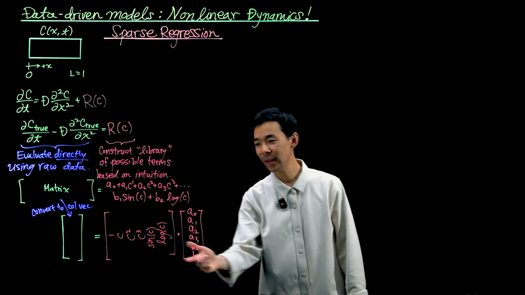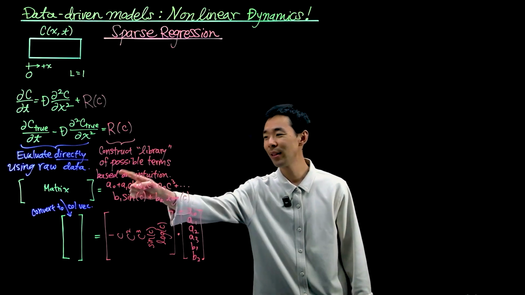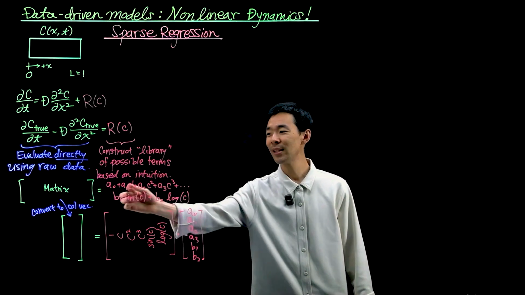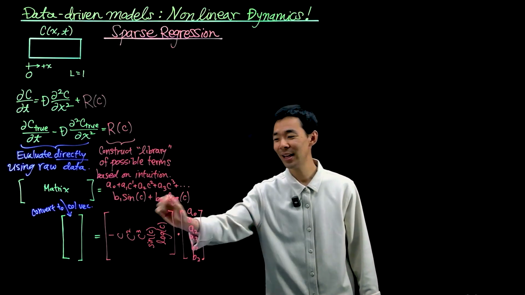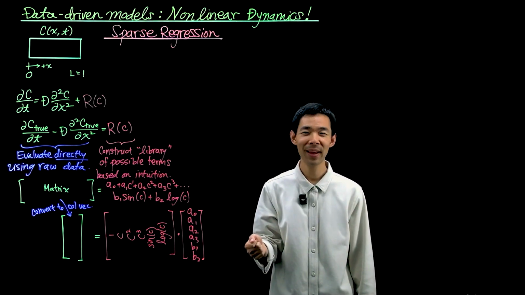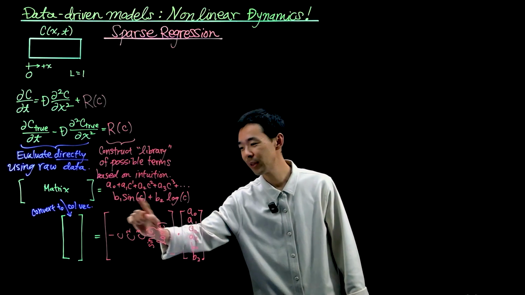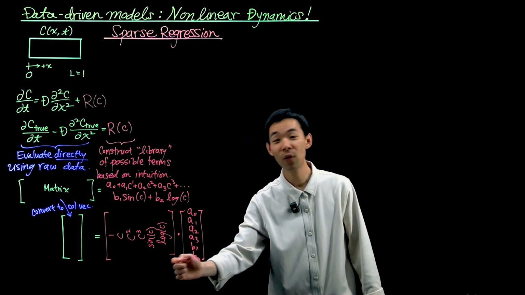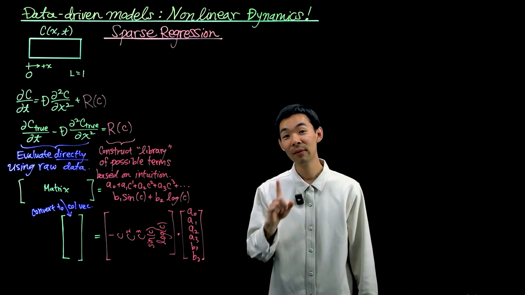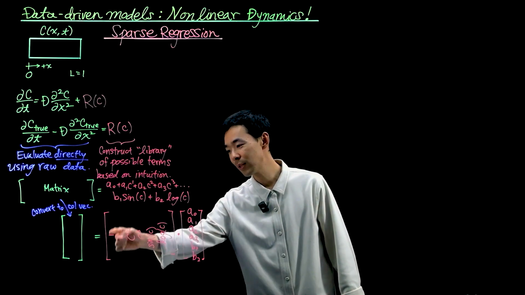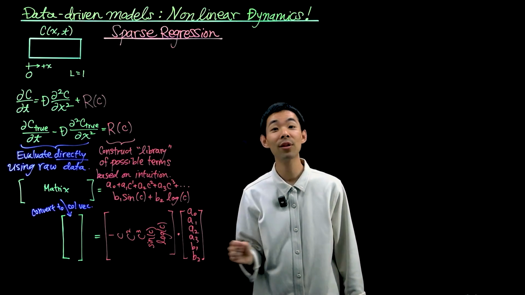And on the right-hand side, I've just rewritten the library of your terms times each of the coefficients in a linear algebra operation. So what I've done is to first put the library of candidate terms over into this gigantic matrix. Remember that each of these entries go all the way along each column.